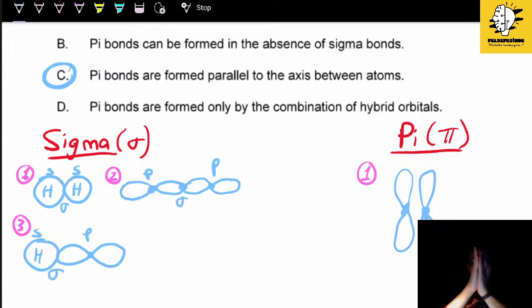Do you see sideway? It was head-on for sigma, and now for pi bonds we have sideway. So this is the bond axis, by the way. And what was the question asking? Pi bonds are formed parallel to the axis between atoms. Yes, we saw that it is parallel because it is sideway overlapping.